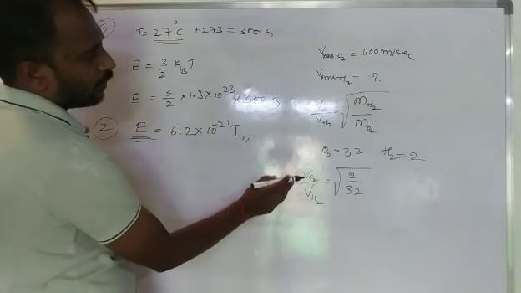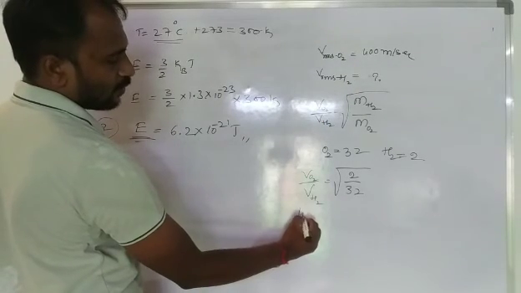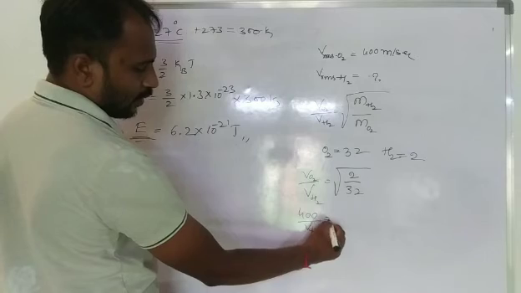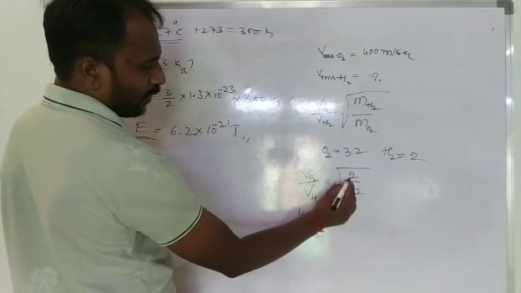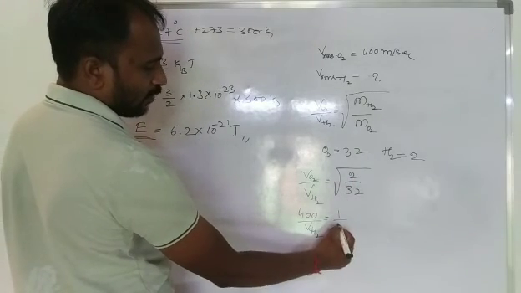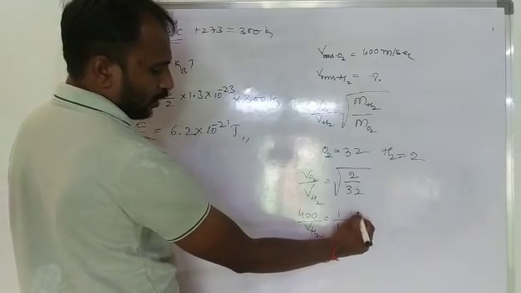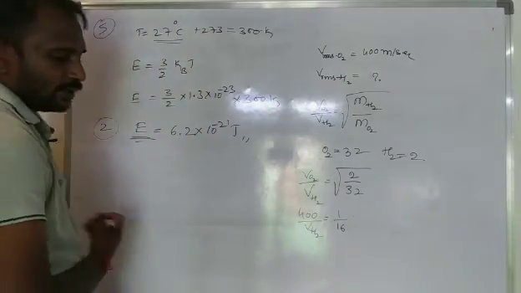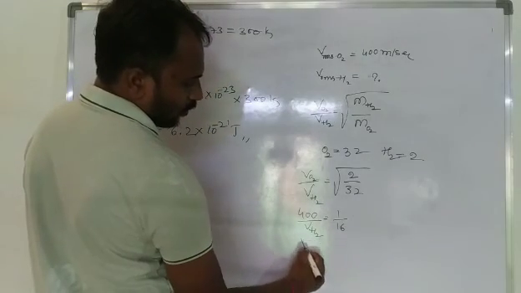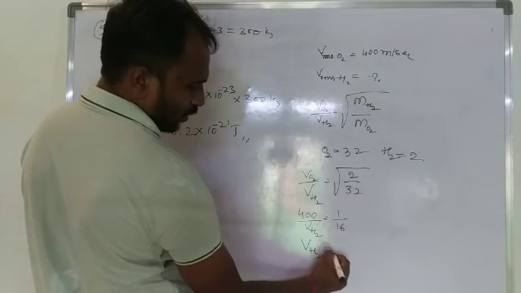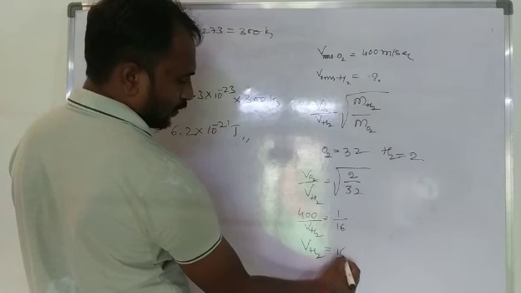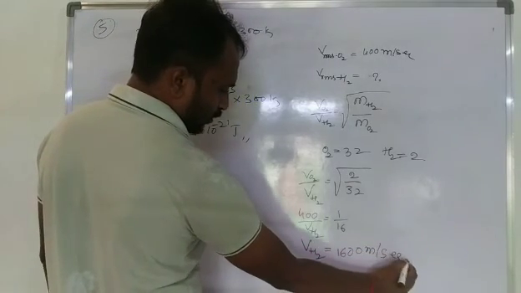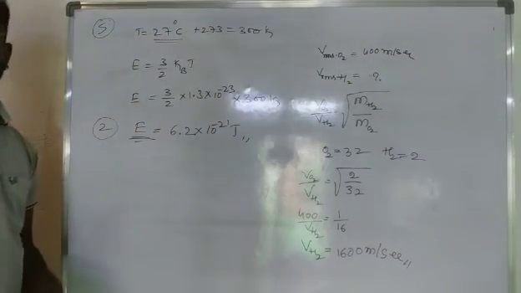Given that O2 RMS velocity is 400, 400 divided by V H2 is equal to 1 divided by 16. Taking 16 to this side, the RMS velocity for hydrogen is equal to 1600 meter per second.